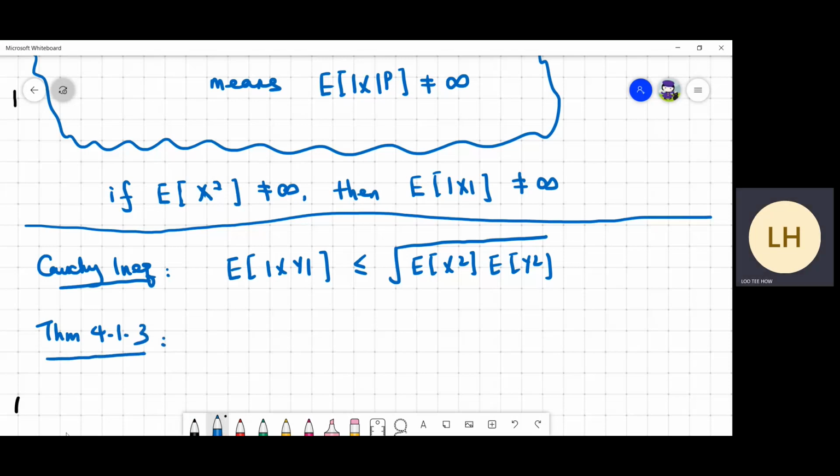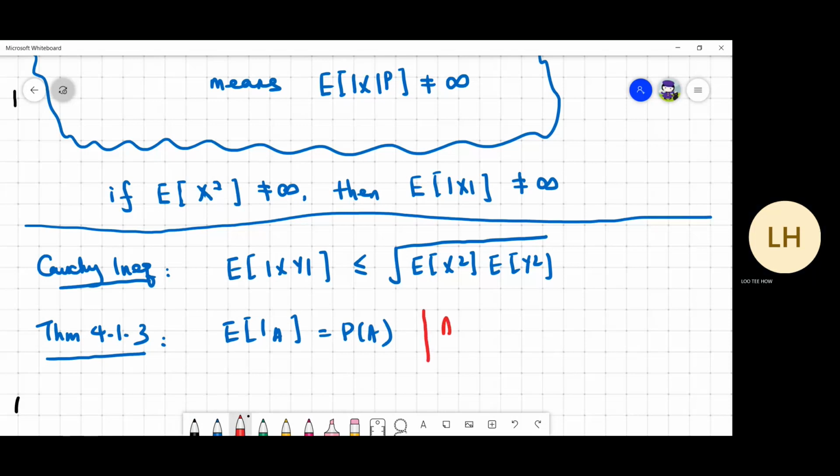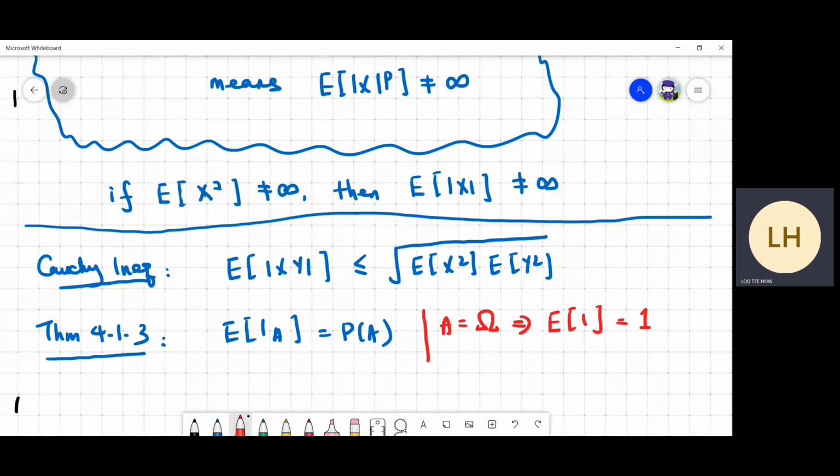In this theorem, we have that E of the indicator function 1_A is just the probability of A. So if we put A to be the sample space omega, then we have E of 1 equals 1, because P of omega must be equal to 1.